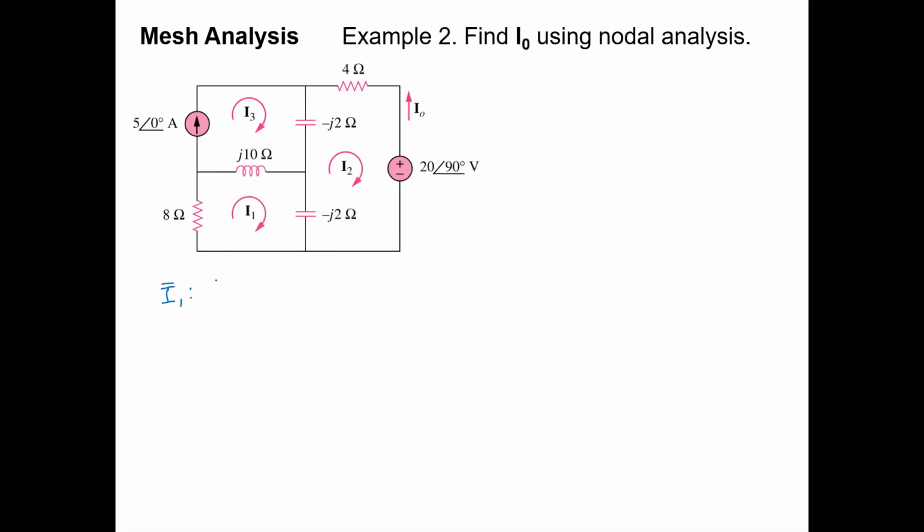The I1 mesh says that 8 I1 plus j10 times I1 minus I3 minus j2 times, anybody? I1 minus I2, good. That has to equal 0.